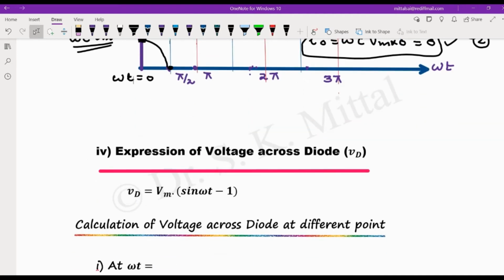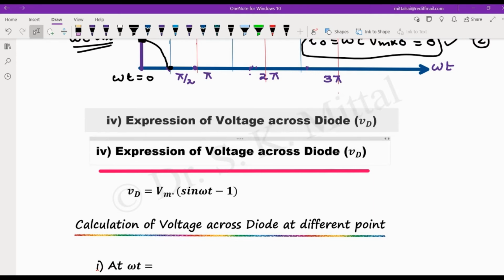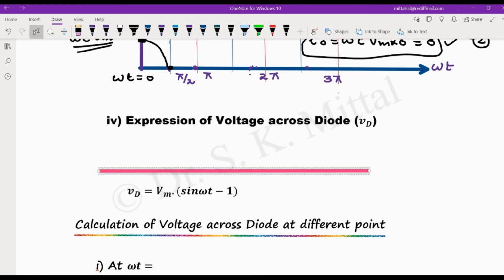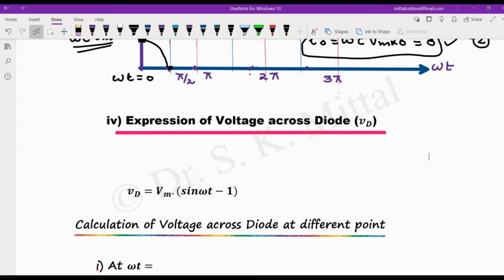Now after calculating the output current expression and output voltage expression, we can calculate the expression for voltage across the diode.